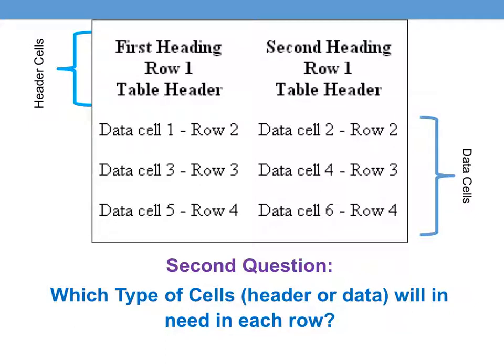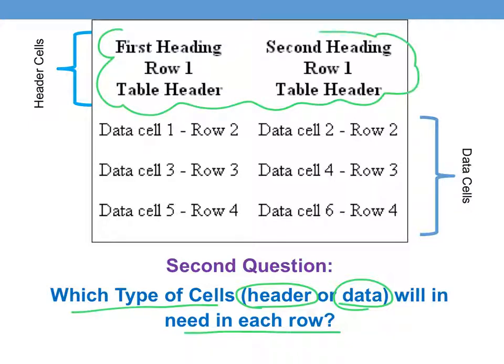Now that we've identified the number of rows that our table is going to have, we need to decide which type of cells, if we want header cells or data cells, we will need in each row. And if you look here carefully, this first row contains table header cells because they are centered and they are bolded.